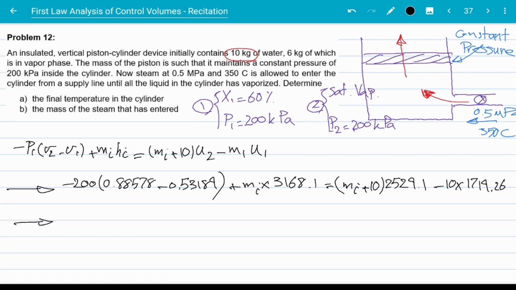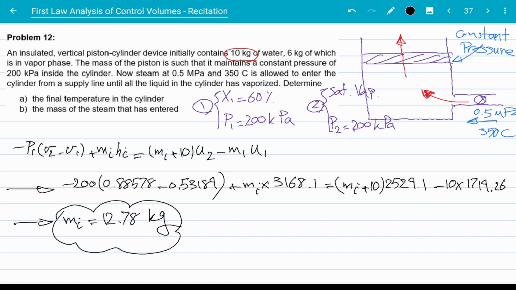Do the math. You get that the mass entered is 12.78 kilograms. So during this constant pressure process, about 13 kilograms of steam has entered this piston and cylinder.